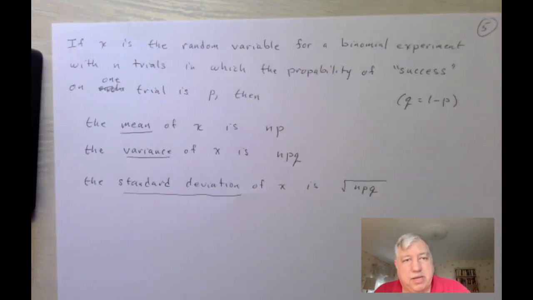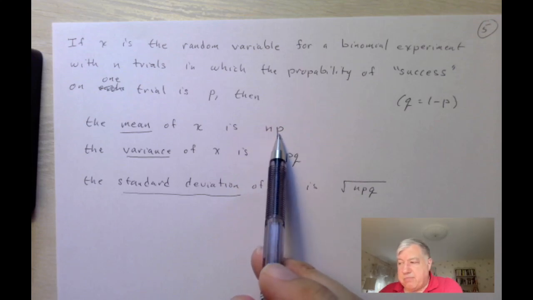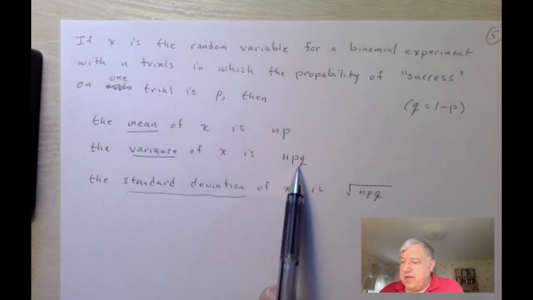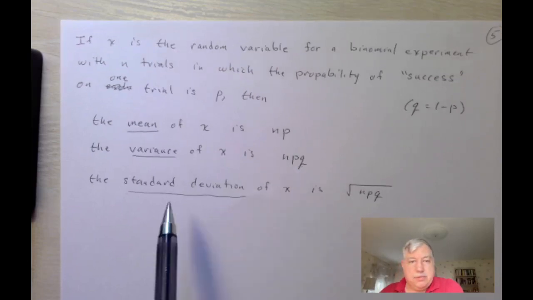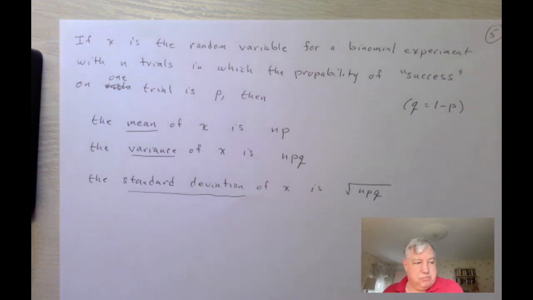With a binomial probability distribution for an experiment, the mean just turns out to be n times p, where p is the probability of success and n is the number of trials. The variance is npq, and the standard deviation is the square root of the variance, so it's the square root of npq.